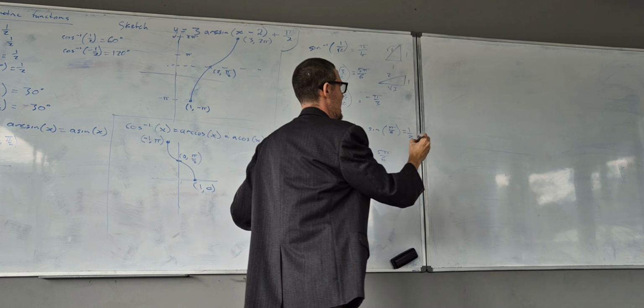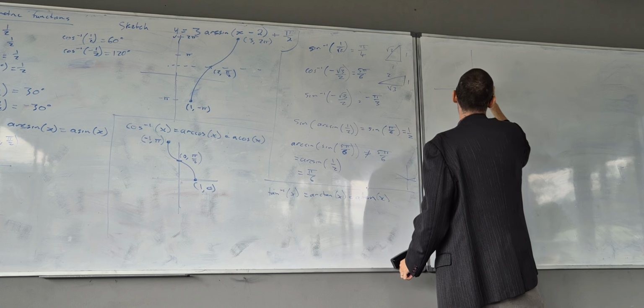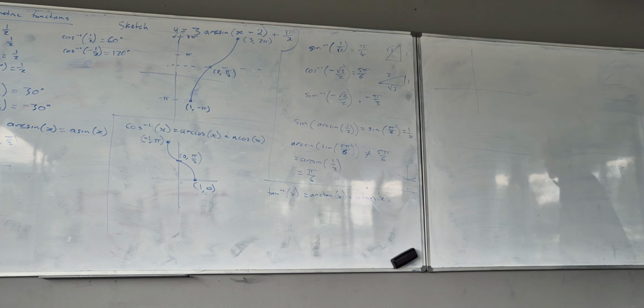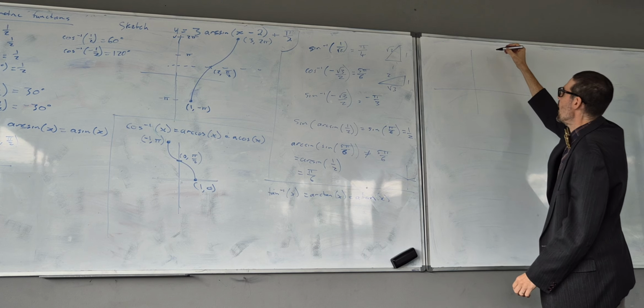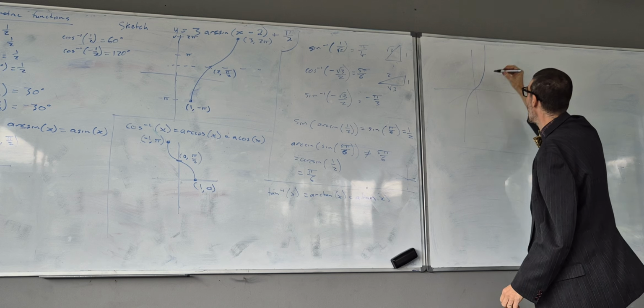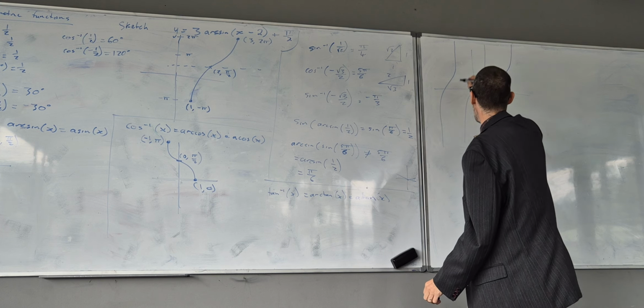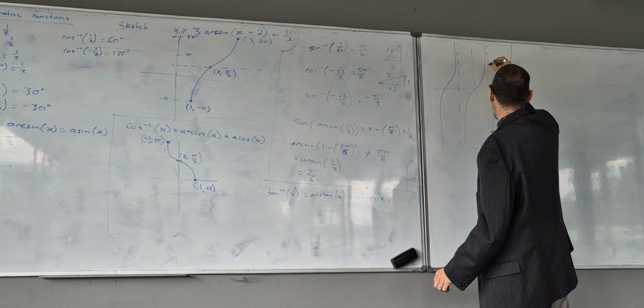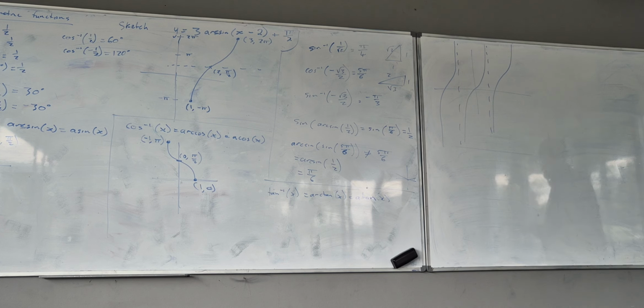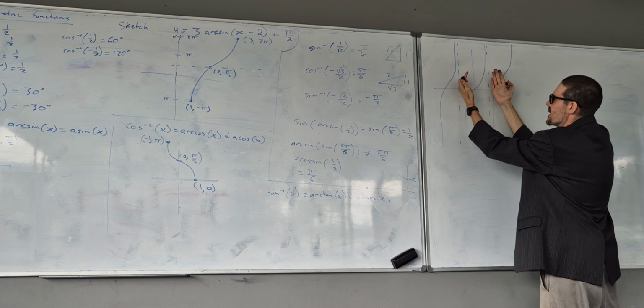Again, what we're going to do is look at a tan graph. What does a tan graph look like? That's the funny one, right? We're only going to look at the centre section.